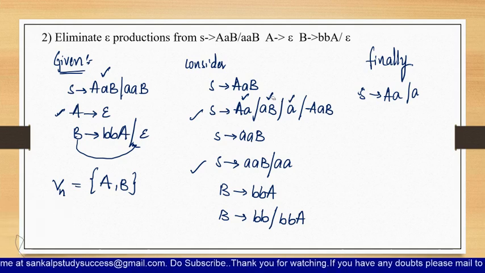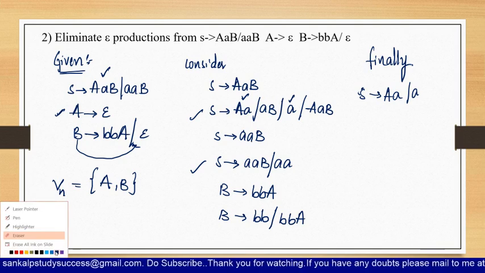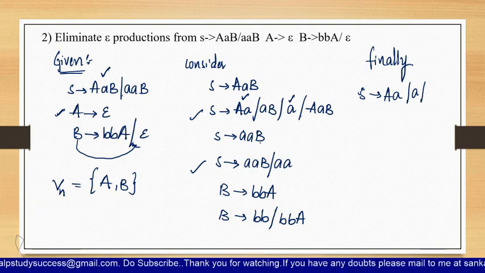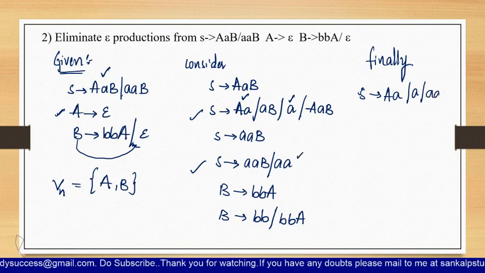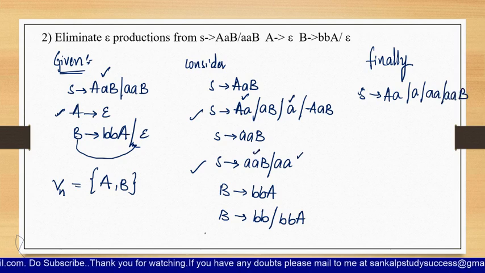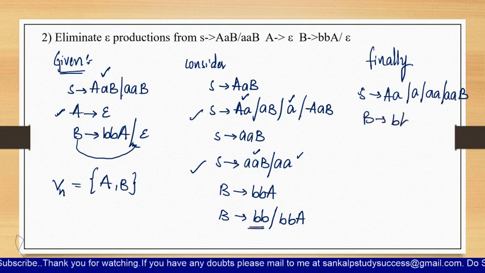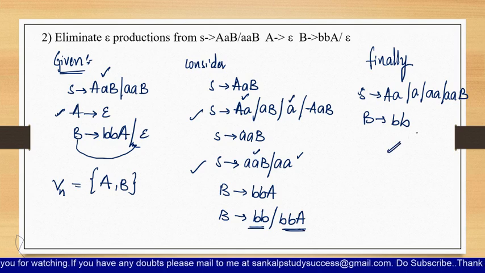Small aa is another production, and small aab will also be another production for S, correct? Then for B, BB will be the production. Capital B tends to small b, because A is a nullable variable, right? So these are the final productions after removing all the null productions. So in this way we are going to eliminate all the null productions from the context free grammar.